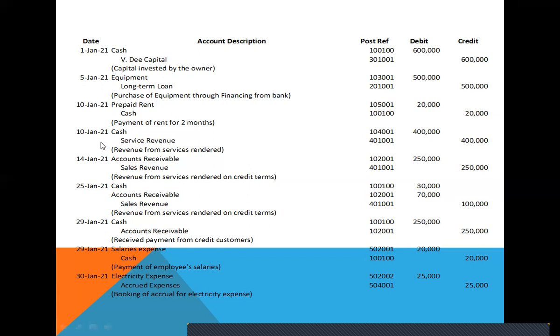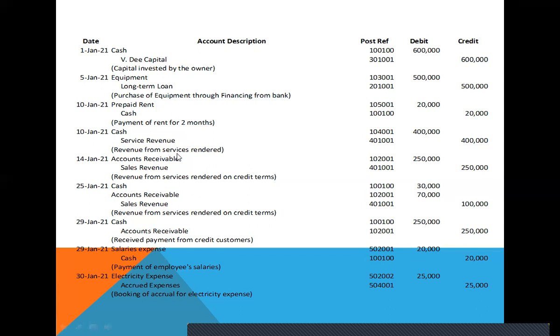Now, on January 10, revenue from services rendered. So you receive cash for your services rendered. So you debit cash of 400,000 pesos and you credit service revenue. We use service revenue here because the nature of the business is service.